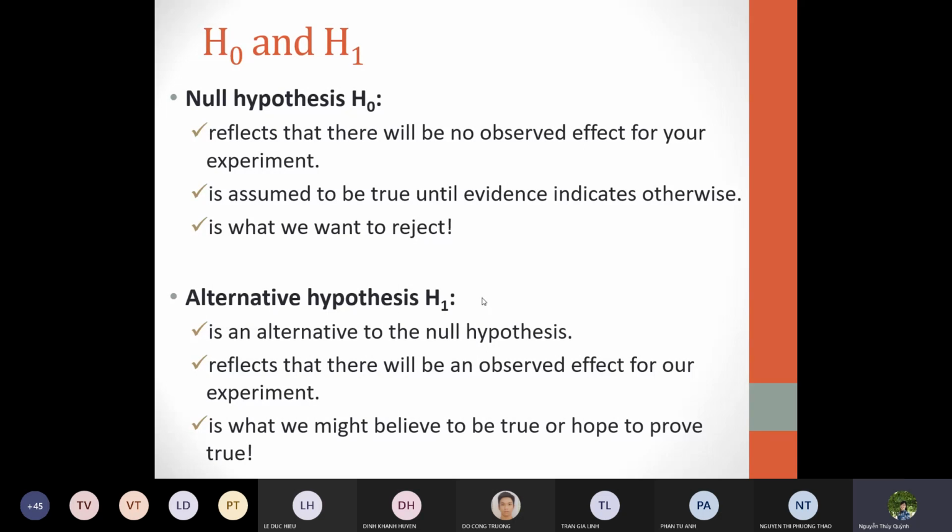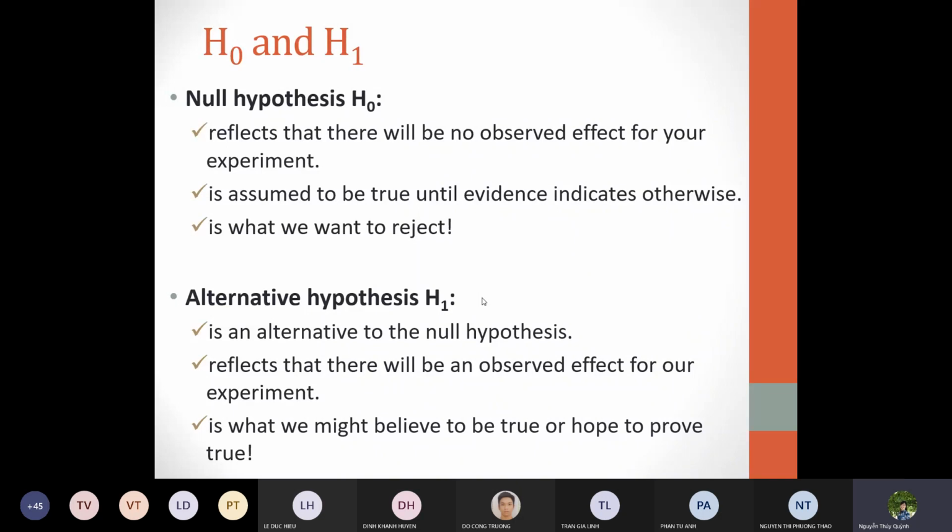So the H1 hypothesis usually supports what we see in the sample. H1 usually is what we want to prove to be true.